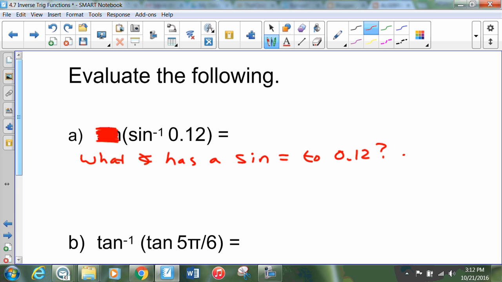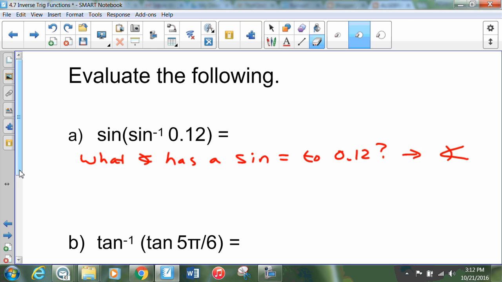So let's just say this angle, some angle. Now, I'm going to erase this, and it says now, find the sine of that angle. So listen to what this is saying. What angle has a sine equal to 0.12? Well, this angle and its sine is equal to 0.12.